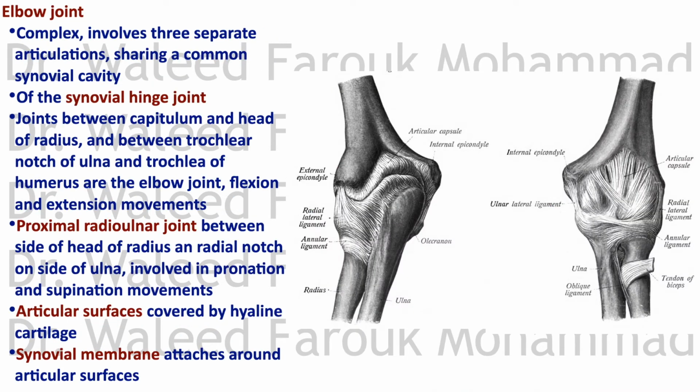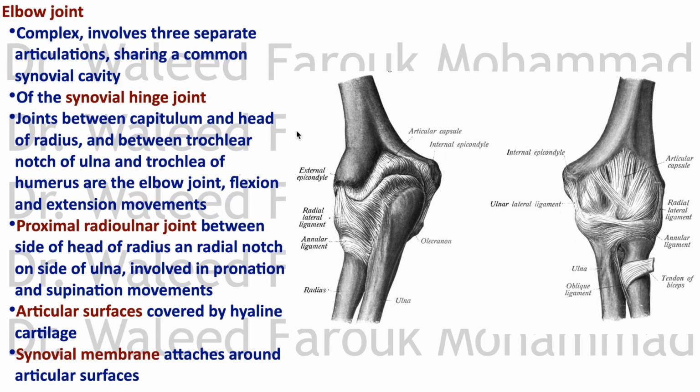Okay, the elbow joint. It's a complex joint because it is formed by three bones: the humerus, the radius, and the ulna. It involves three separate articulations.